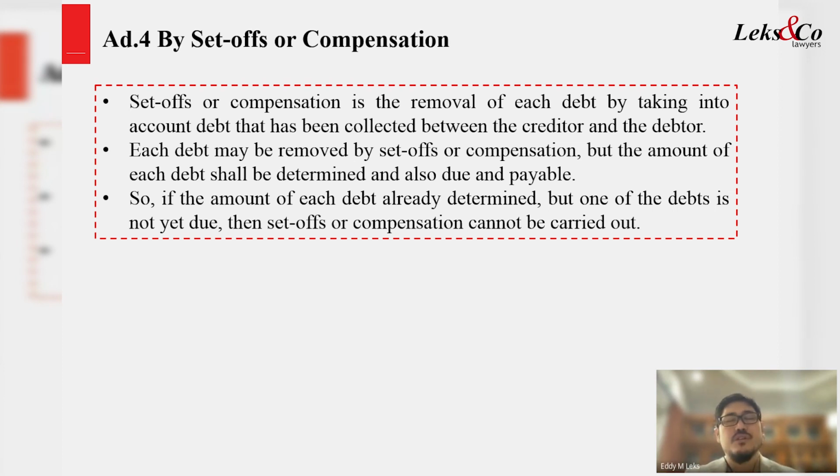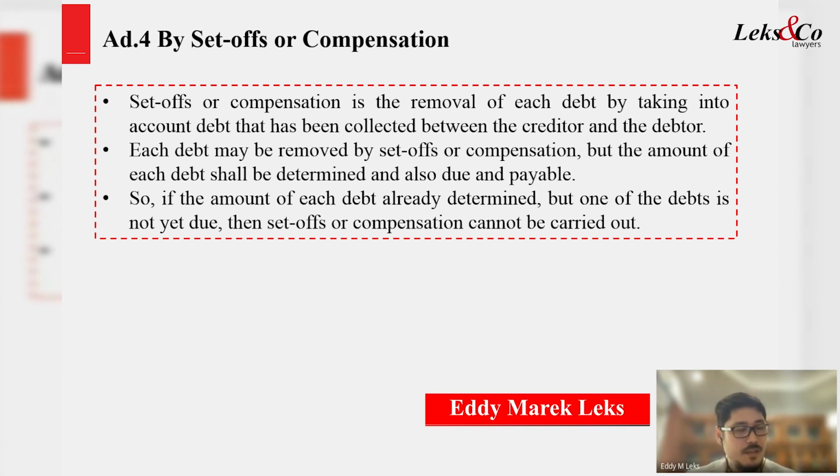But of course, in the third point, you see that the debt must be due and payable. Hutangnya harus jatuh tempo dulu. Nah, karena kalau tidak jatuh tempo, gimana bisa ditagih? Gimana bisa dibayar? It's similar to our discussion when berkaitan dengan ketetapan waktu ya.